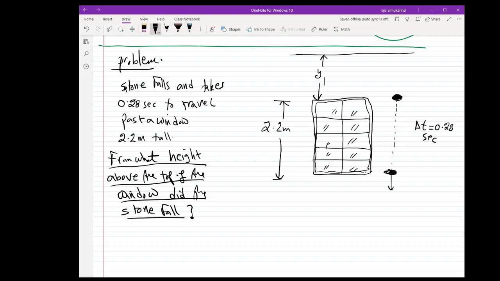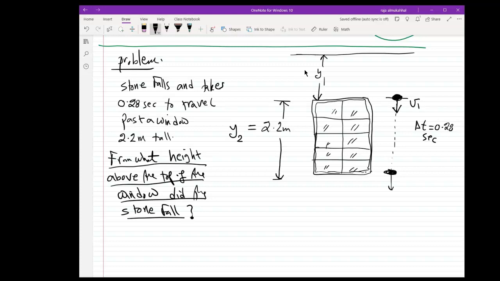So the way you do it is, let me call this 2.2 meters Y2, because I have this one to be Y1, the unknown, the one that I would like to know. Now, we know the height here. We don't know the initial velocity here, V1. Suppose that there is a velocity here. I'm going to call it V1, but we don't know what it is, okay?